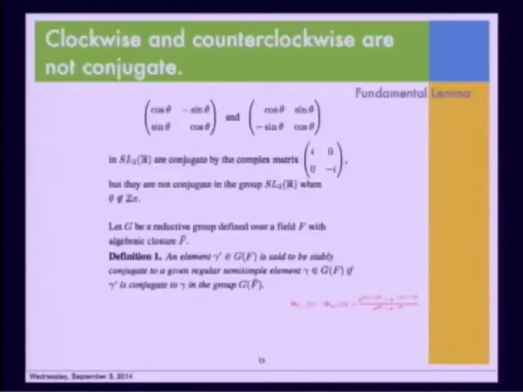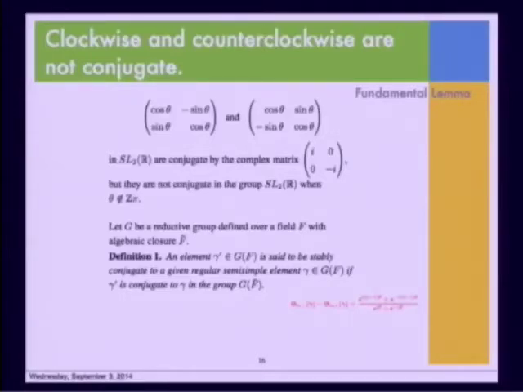So to explain a little bit more about the significance of this SL2 example, note that in SL2, clockwise and counterclockwise rotations are not conjugate to each other inside the group.